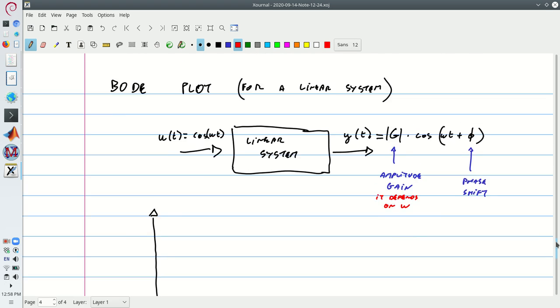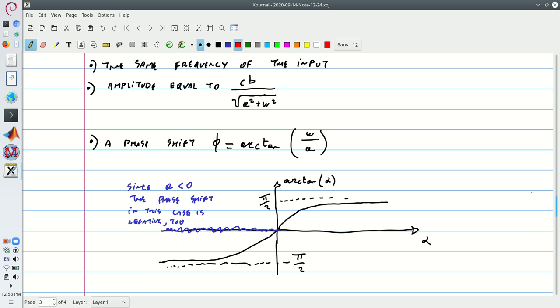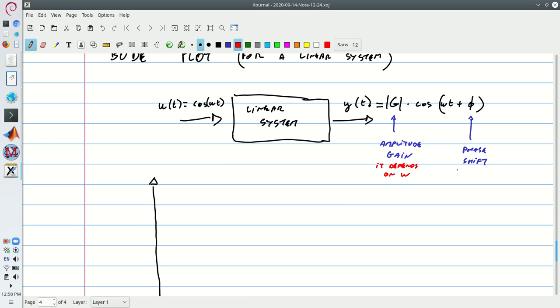If you check the expression that we have written, at least for the first order linear systems, this phase shift depends on omega as well. So it's nothing but reporting, omega by omega, what is the amplitude gain of your system and what is your phase shift in your system.